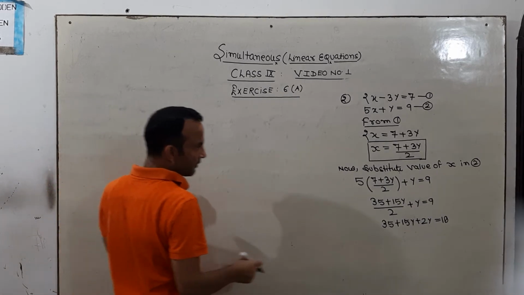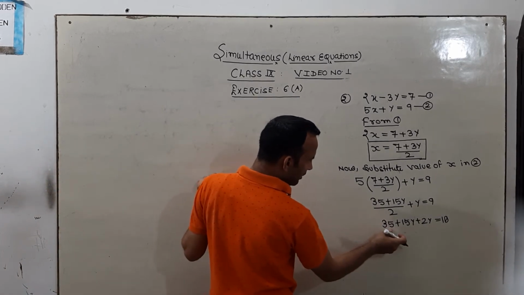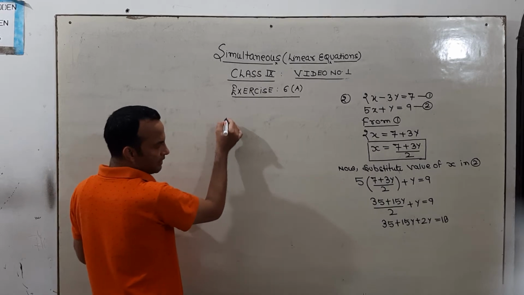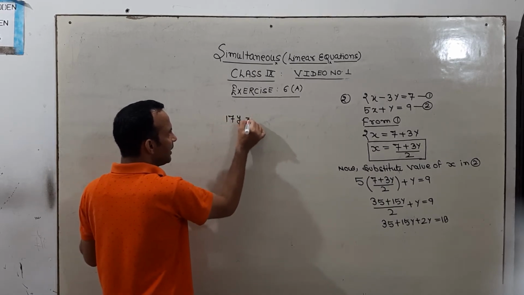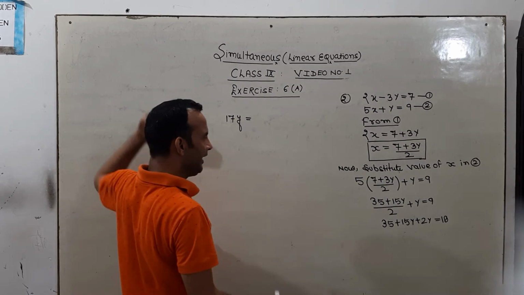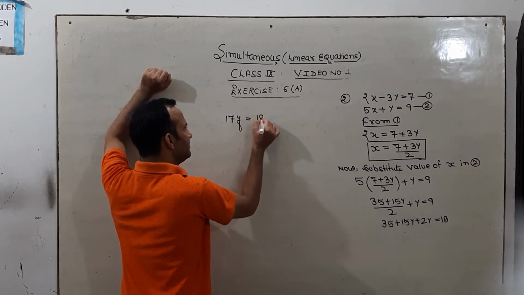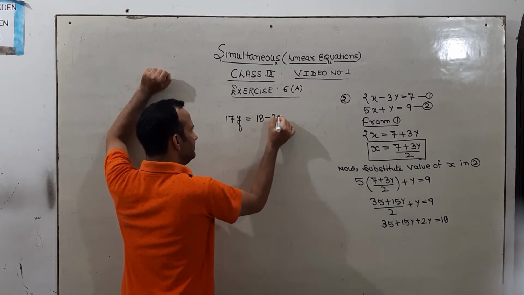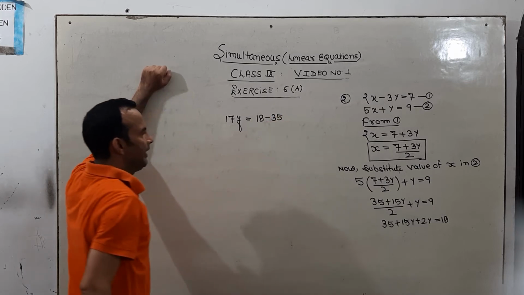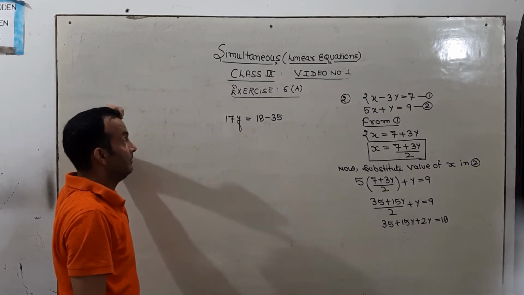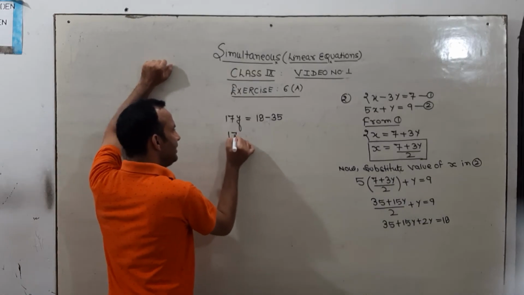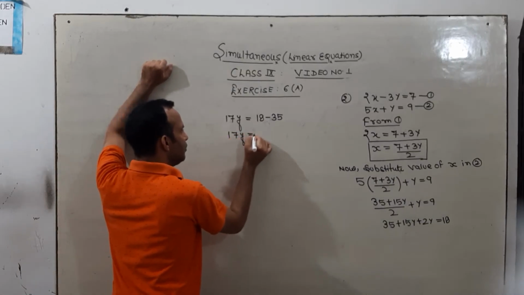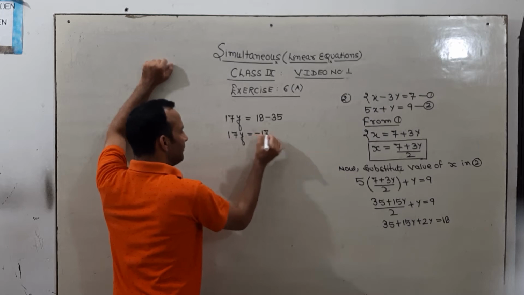This is what? 15, 35, 17y is equal to 18 minus 35. 18 minus 35. This is what? 17y is equal to negative 17.